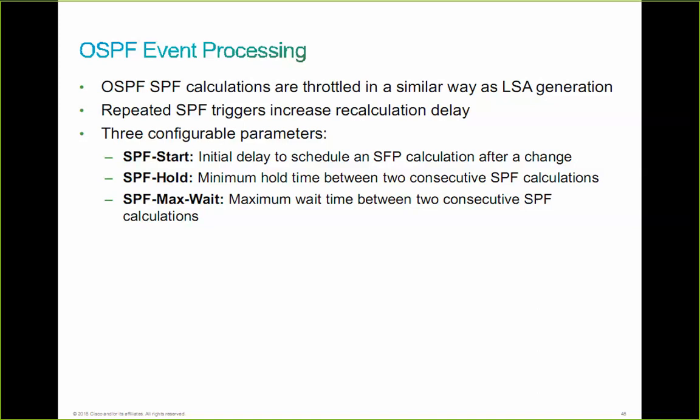All right? So they can be the same values, the hold and the max wait, or they can be configured with different values, but the hold is always less than the max wait. Now, by default, we talked about the defaults for LSA propagation: 0 milliseconds, 5,000 milliseconds, and 5,000 milliseconds for each respective value.